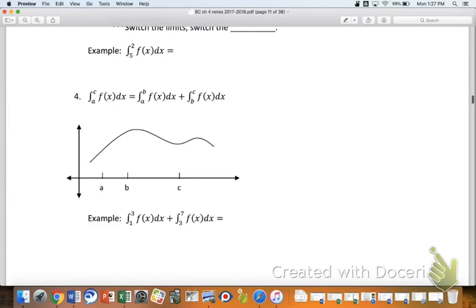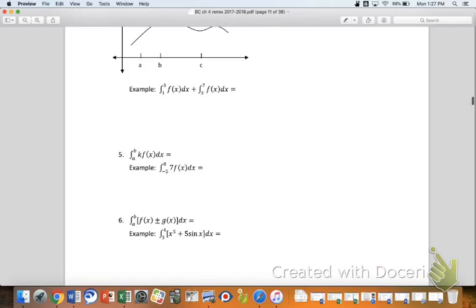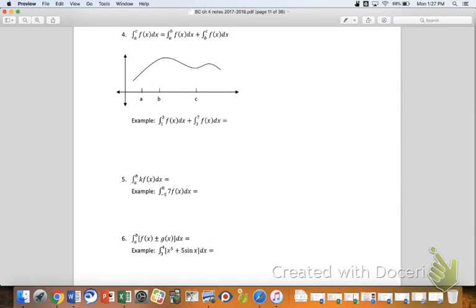Next couple here, numbers 4 and 5 and 6. I'll try to fit these. There we go. I like an area argument here for number 4. If I've got the integral from a to c, that would be the whole area. Wouldn't that be equal to the two little parts added together? So if I said integral from a to b, that would be this little segment here, and then the integral from b to c would be that little segment.